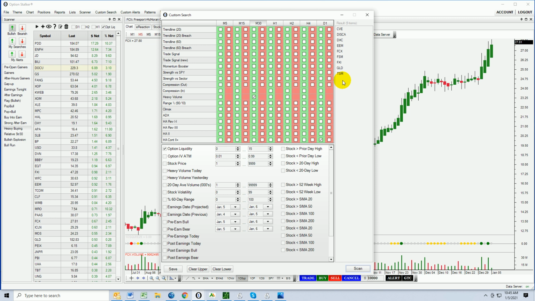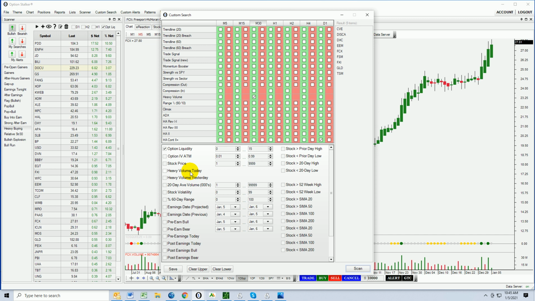By the way, I should mention that I recently added another search variable to the lower part of the table. It's heavy volume yesterday. Heavy volume today would measure a stock that is currently, given the amount of time that's elapsed today, trading above its 20-day average volume that it would have had at this point in time throughout the course of the day.